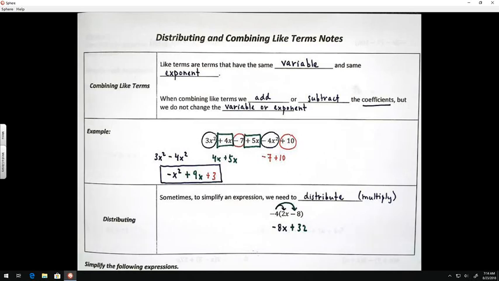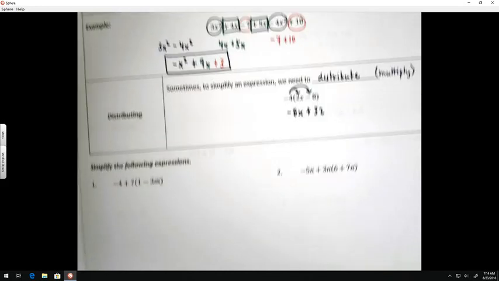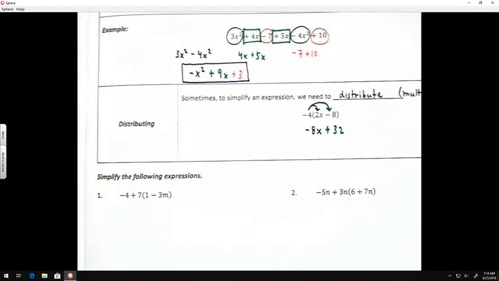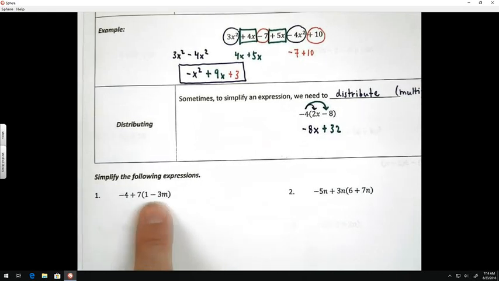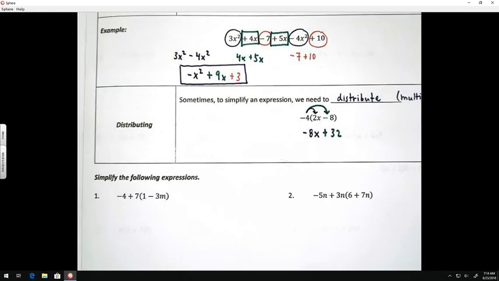So those are the two big ideas that we're going to need for today. Now, if you look at these problems at the bottom of the page, and excuse me while I move my camera here, you'll notice that I know I have to distribute because I see these parentheses just like I did here, but I also am going to have some terms I need to combine.